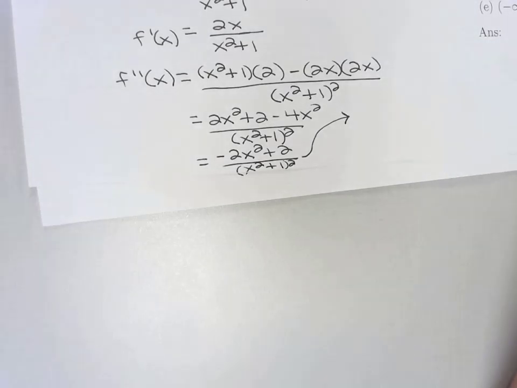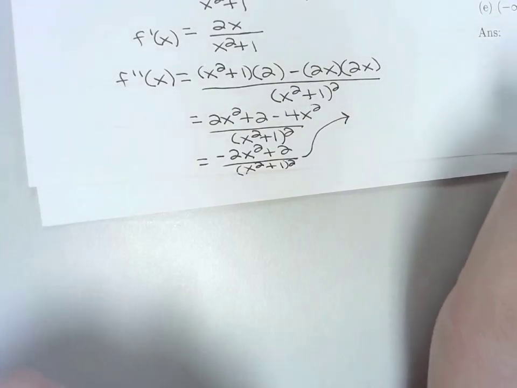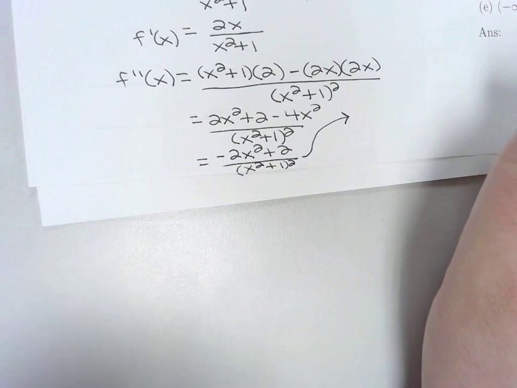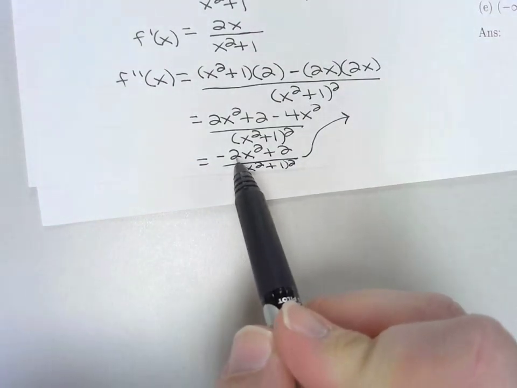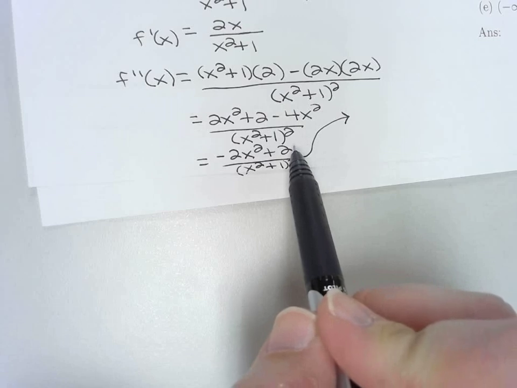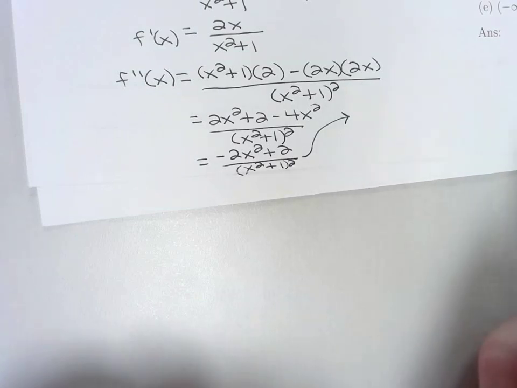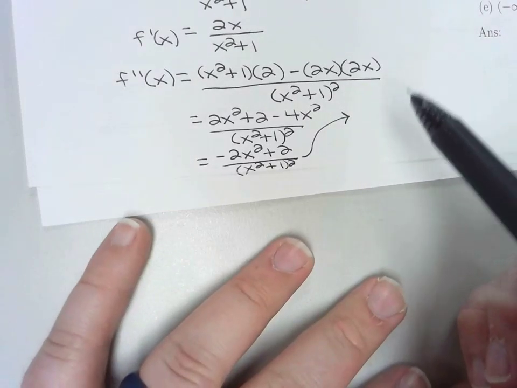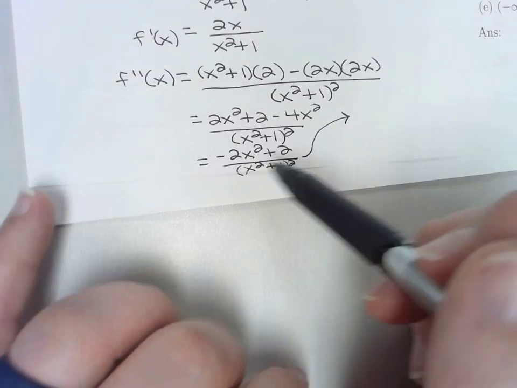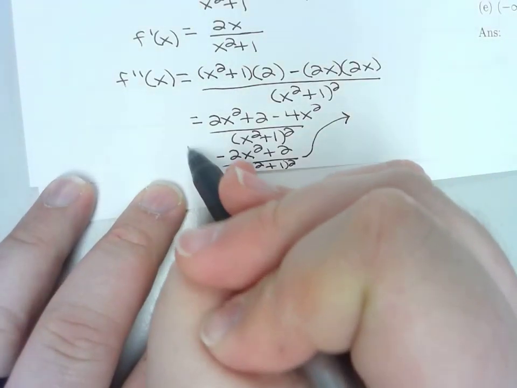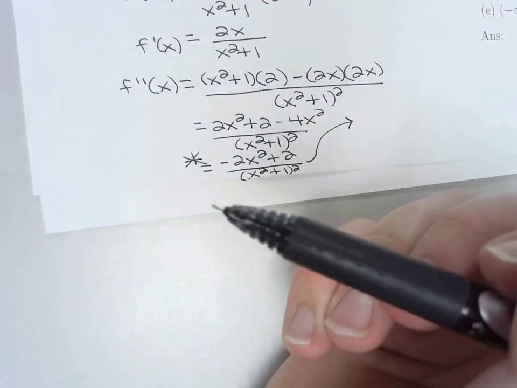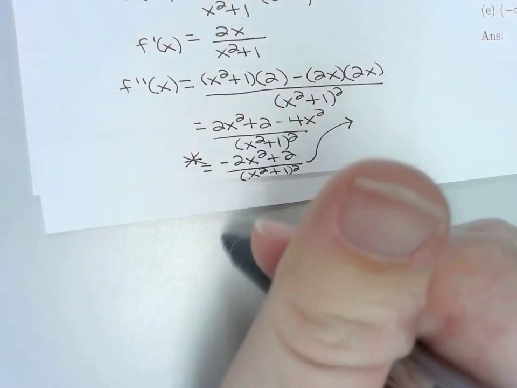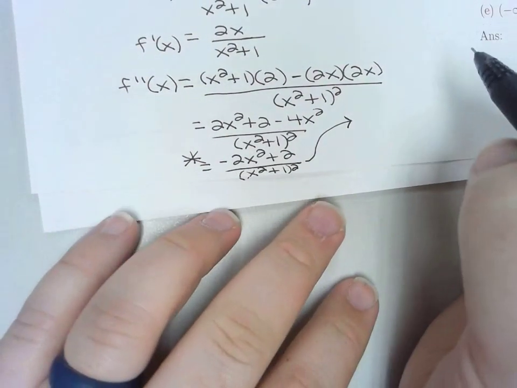I almost thought I could factor out a negative 2, but then that would make this x squared minus 1. So you cannot cancel that out. But it works out nicely when you just set it equal to 0. So here's the simplified second derivative, which I'm going to star, because that's what I'm going to plug into to check concavity. Almost could factor the top and cancel out, but we can't.